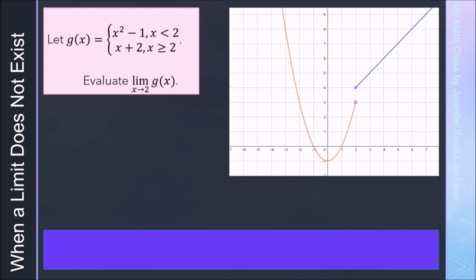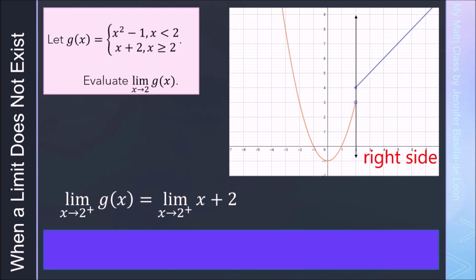This time, let us consider the values which the function approaches as x approaches 2 from the right. Hence, we will consider the values of x which are greater than 2. With this, we shall focus on the graph of f of x equals x plus 2.